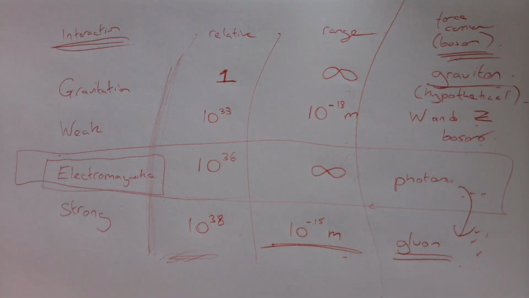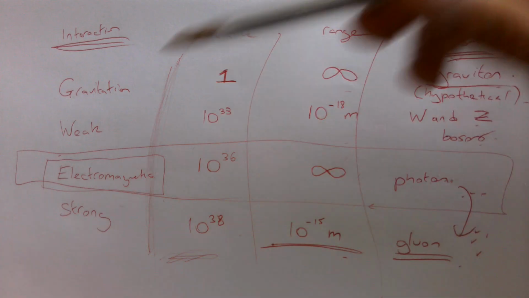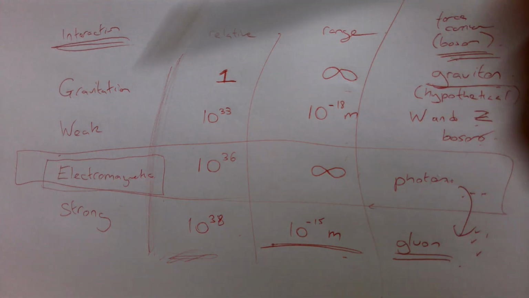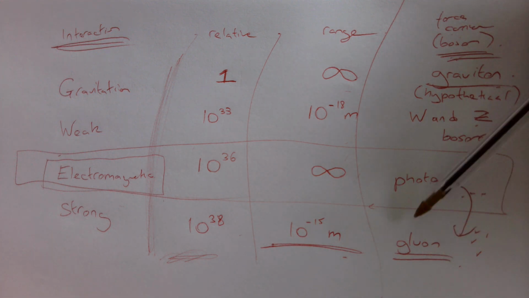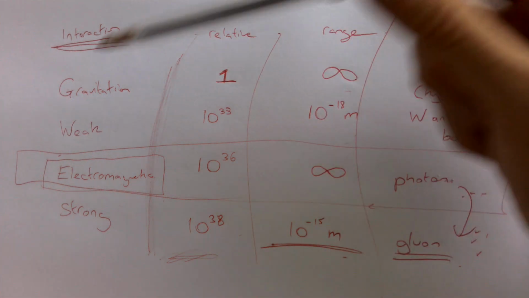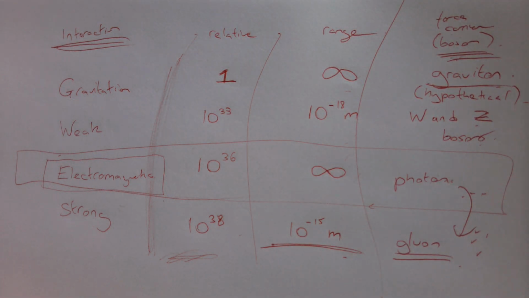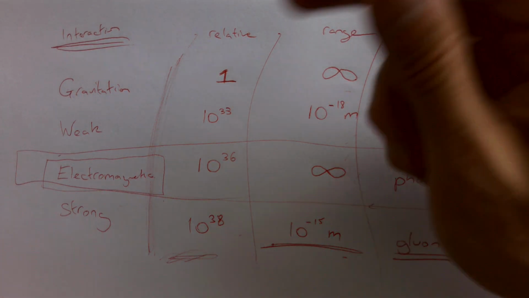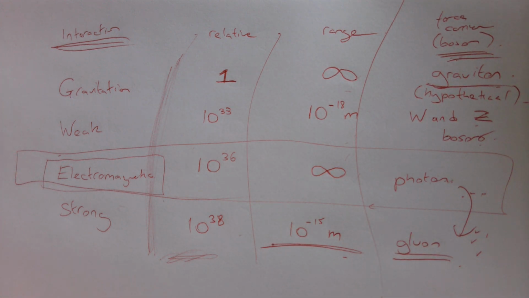We know about the photon, and we know that it carries the electromagnetic interaction. So I don't think it's much of a leap to say the strong interaction is carried by something called a gluon, kind of similar. Weak nuclear decay is the result of the weak interaction, carried by W and Z bosons. Gravitation is carried by gravitons.